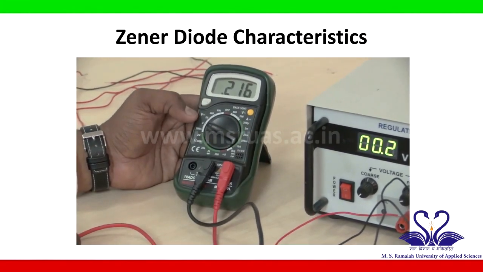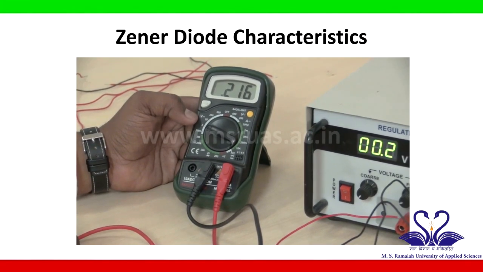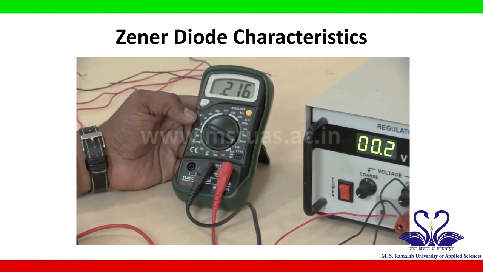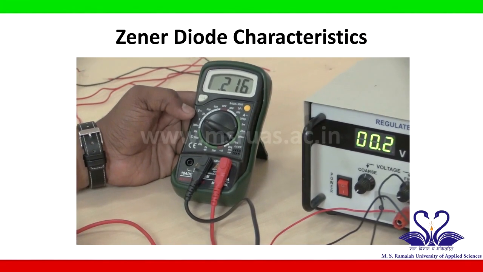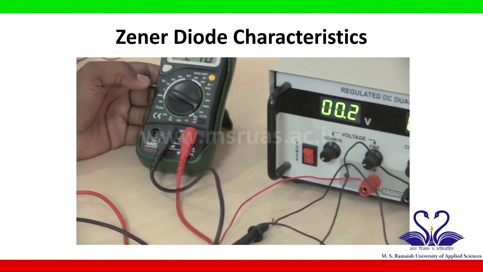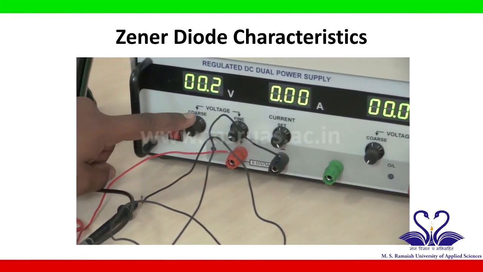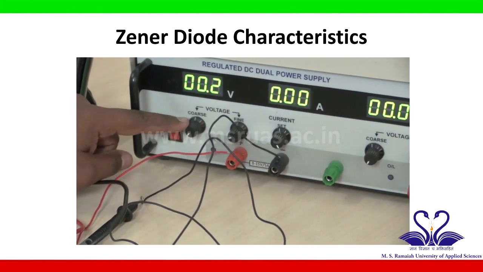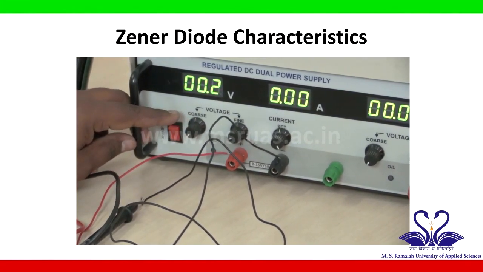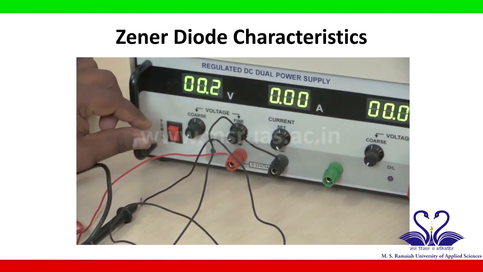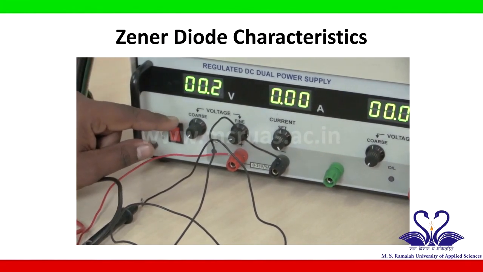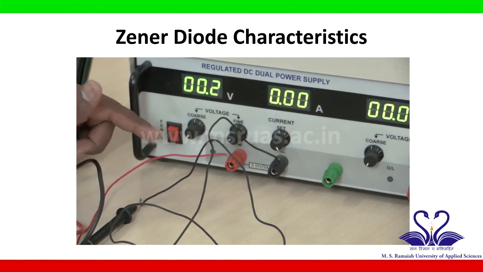Now I am getting a voltage reading of 0.216 volts. I will tabulate this reading also in the tabular column, and I will vary this input voltage so on up to 1 volt in steps of 0.1 volt, and after 1 volt I will vary the input voltage in steps of 0.5 volt and tabulate the readings in the tabular column.